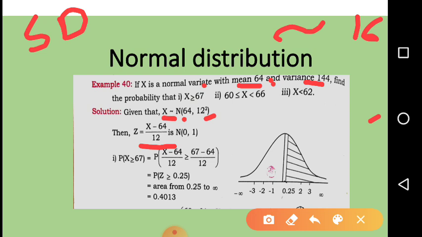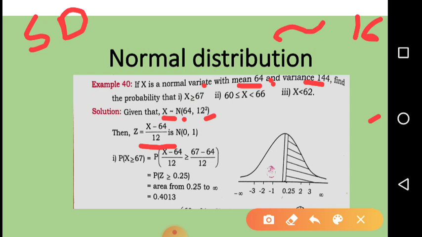So Z is equal to X minus 64 divided by 12, which follows N, normal distribution, bracket, 0 and 1. Why am I writing 0 and 1? That is the range. So these are the first two steps you have to write.